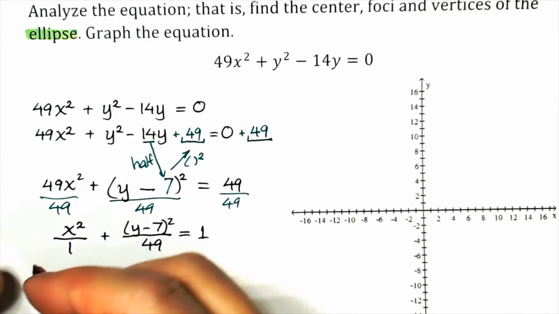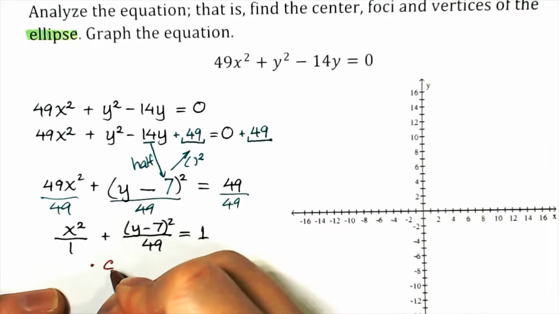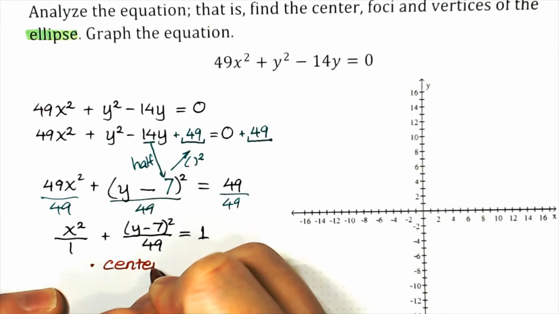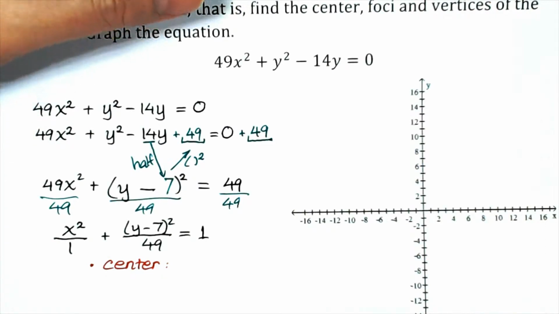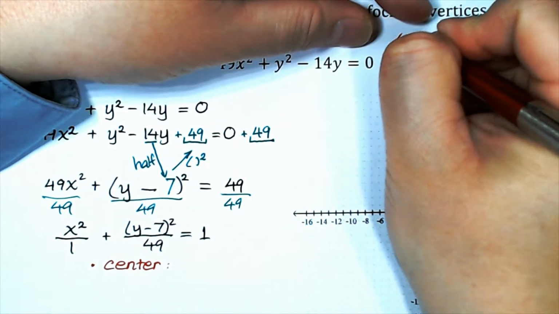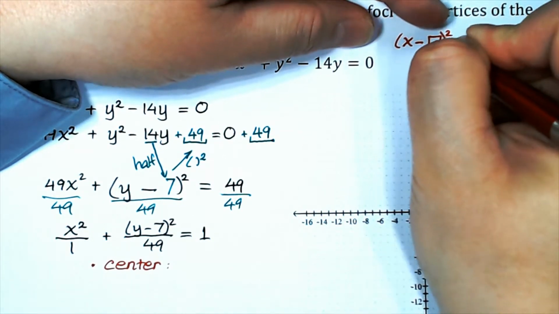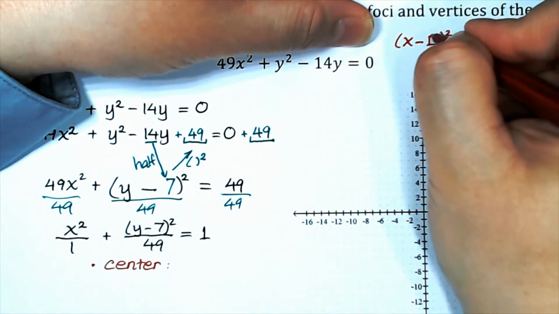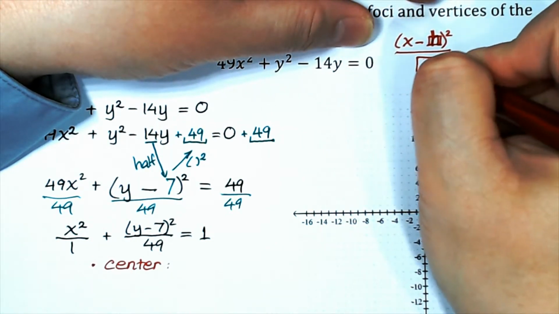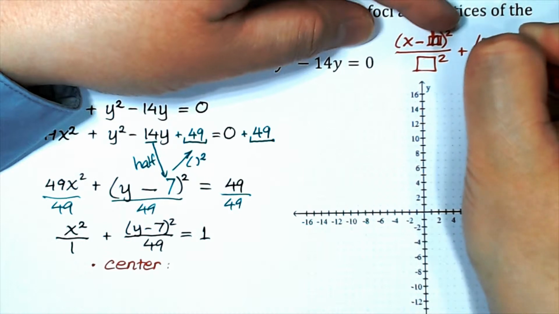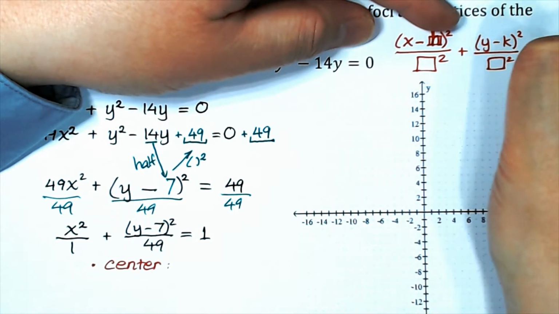From here we can see that the center is going to be (0, 7), because the standard form for an ellipse is (x minus h) squared over something squared plus (y minus k) squared over something squared equal to 1.